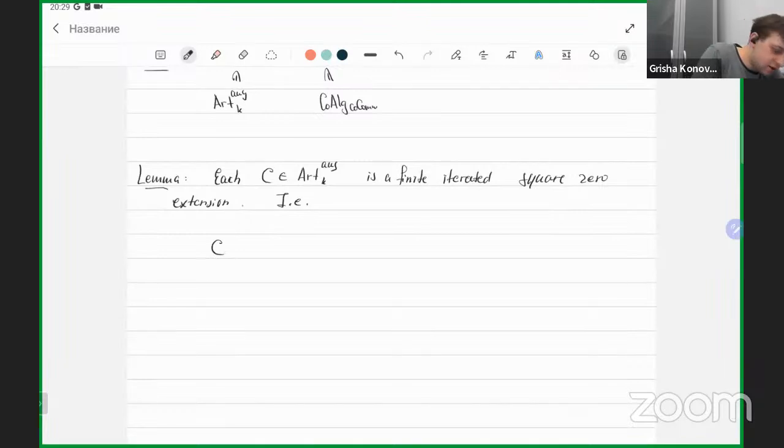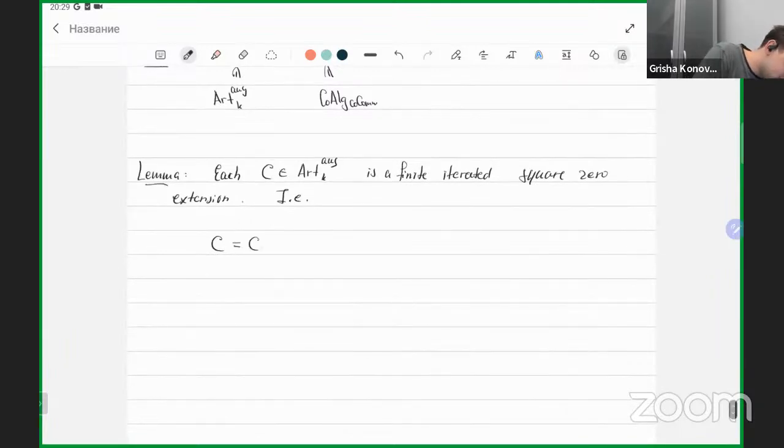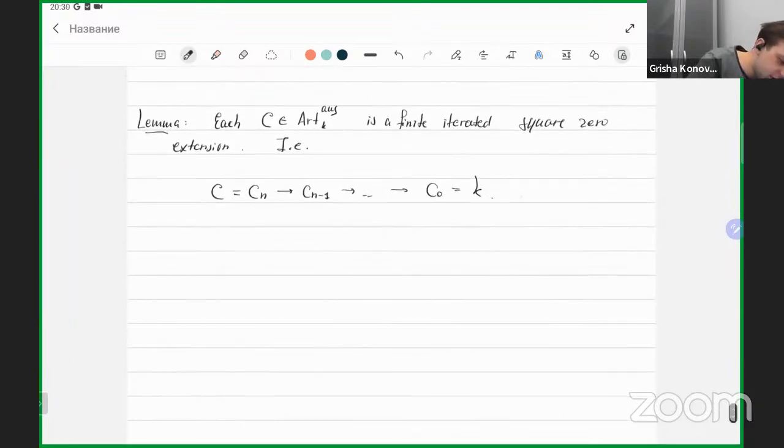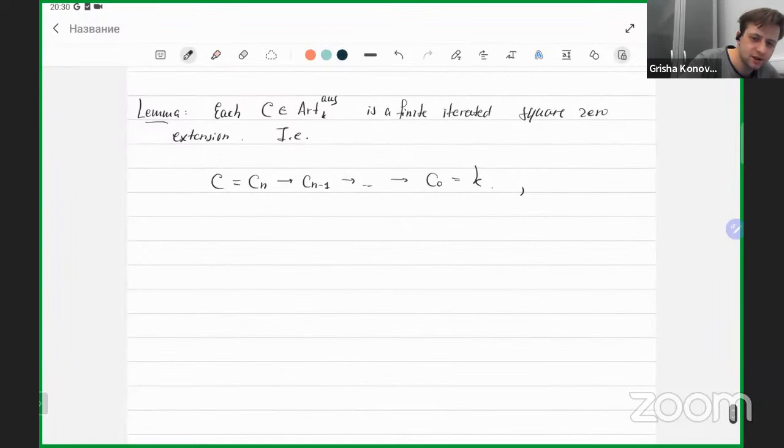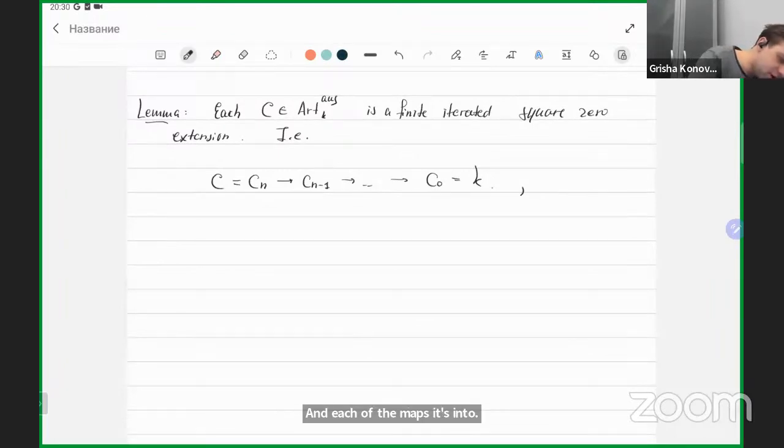That means that there is a finite sequence of algebras and maps between them. And each of the maps fits into the pullback diagram of the following form. Pullback in the category of algebras.